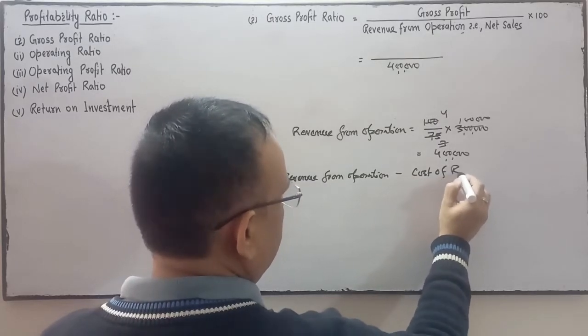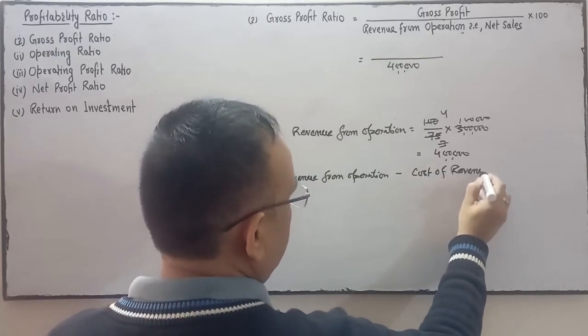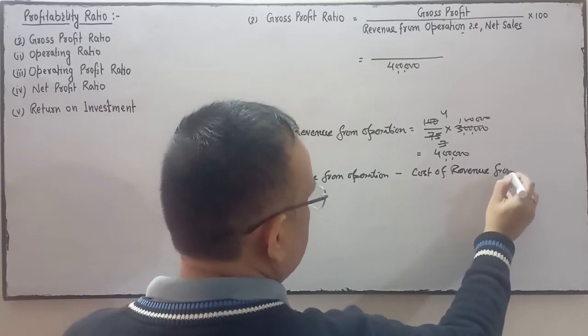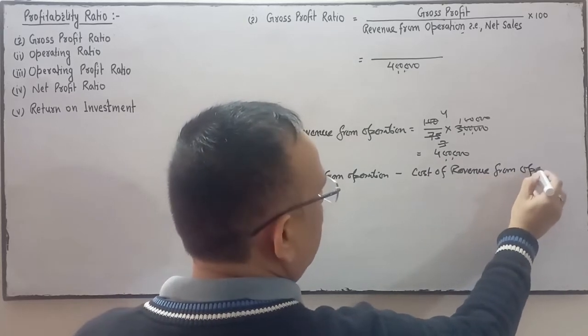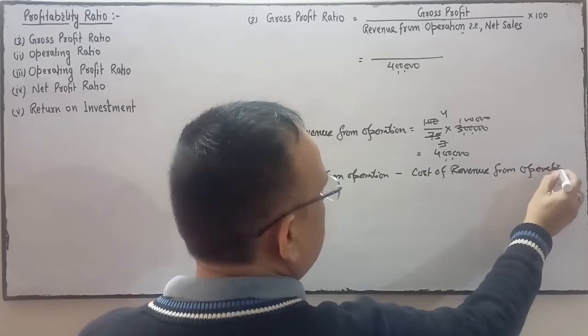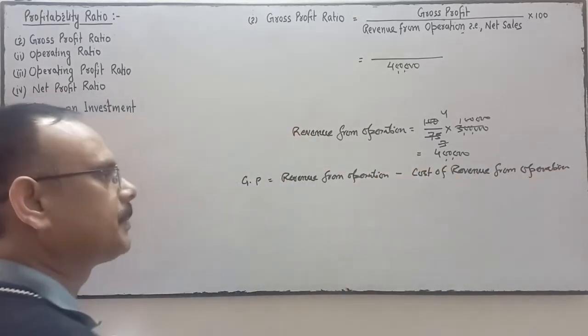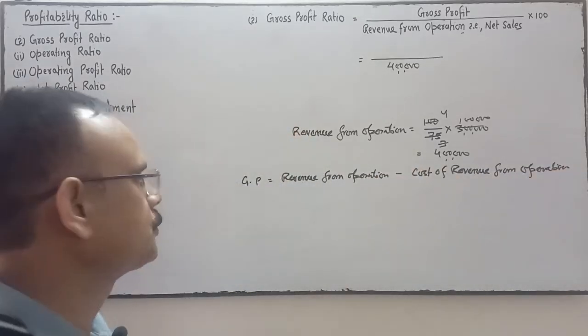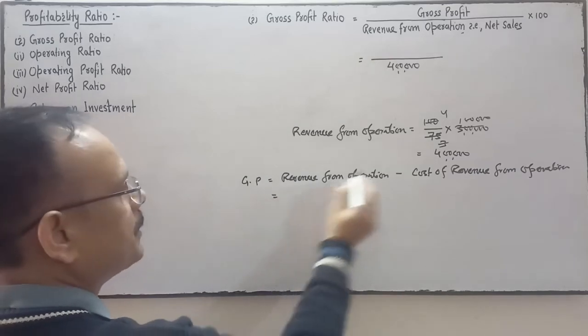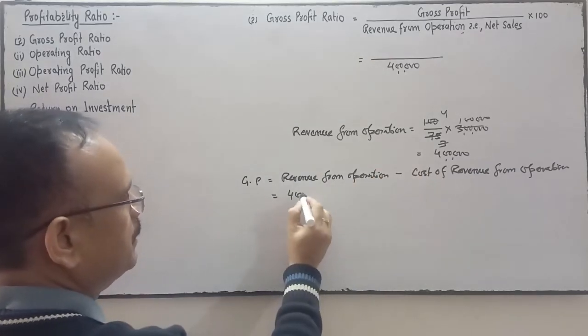Cost of revenue from operation means cost of goods sold. So revenue from operation, we know that is 4 lakhs.